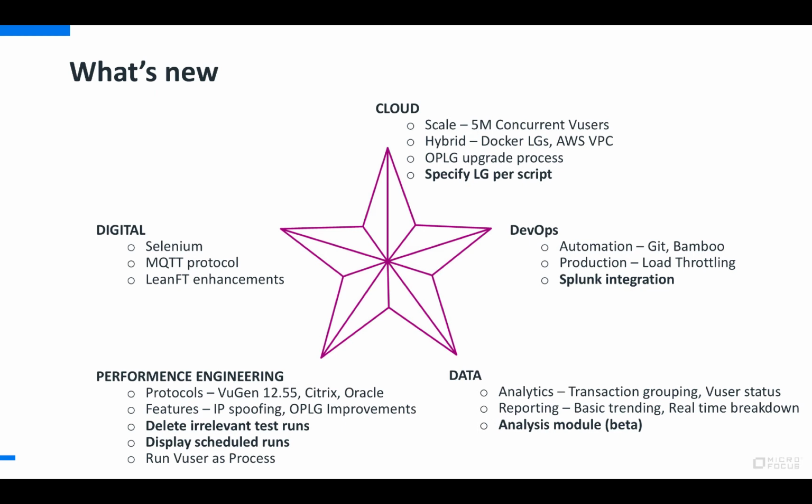From the DevOps angle, we improved our support for Git. We launched a new integration with a Bamboo plugin, and of course, in the last release, we removed the beta from the Splunk integration, and now you can export some of your logs in live streaming to your Splunk account to better analyze and investigate issues in the online dashboard.